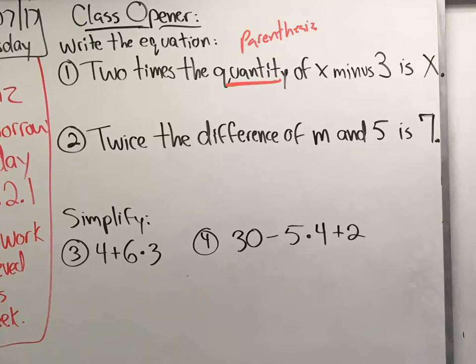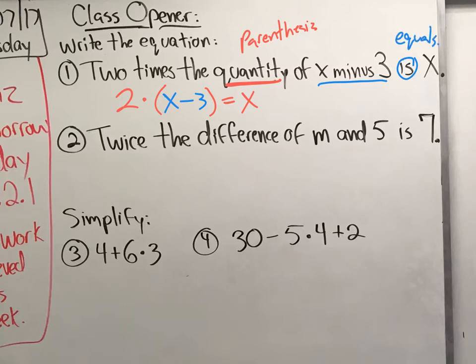So when I say 2 times, you could put the dot if you want, but quantity means parentheses. And what belongs inside the parentheses? It says right here, x minus 3. So you put x minus 3 right in the parentheses, and it says is x. So equals x, because remember that the word is means equals.